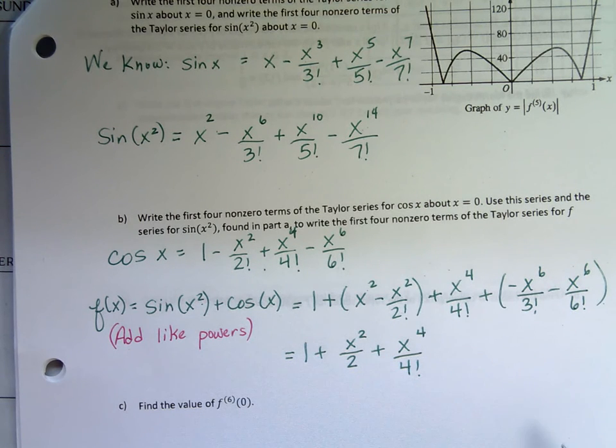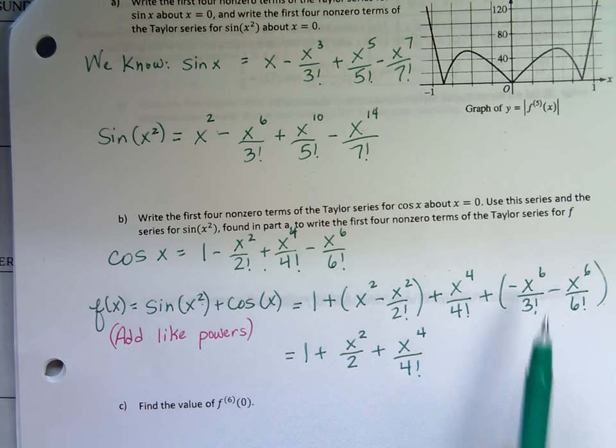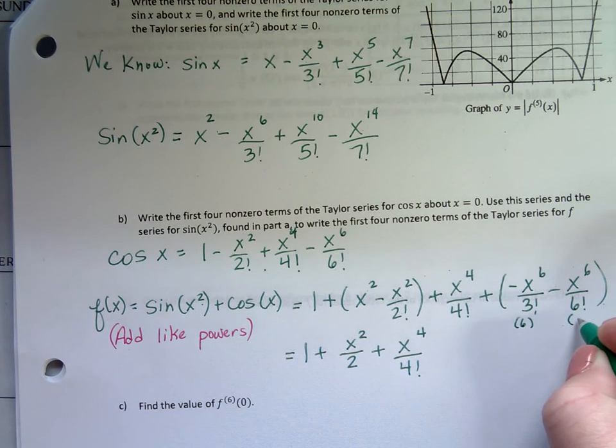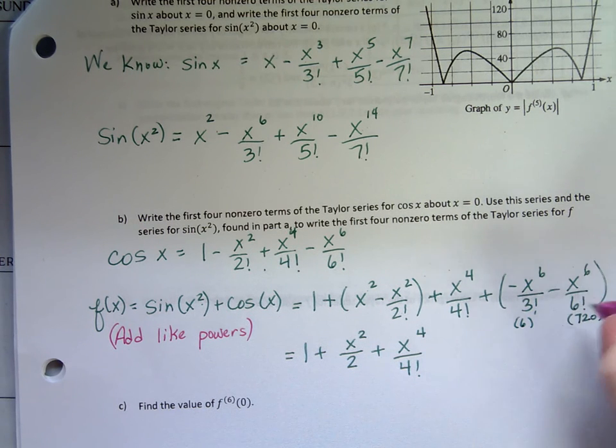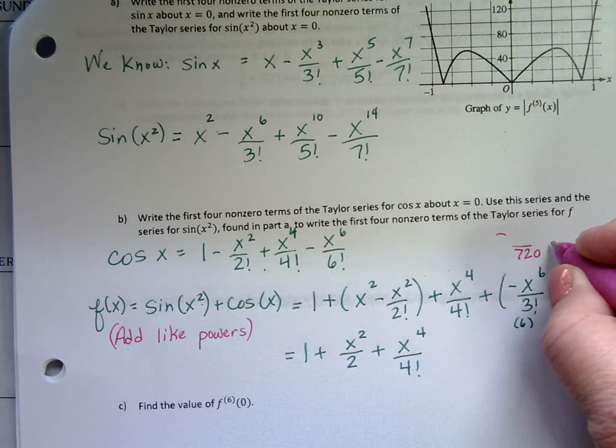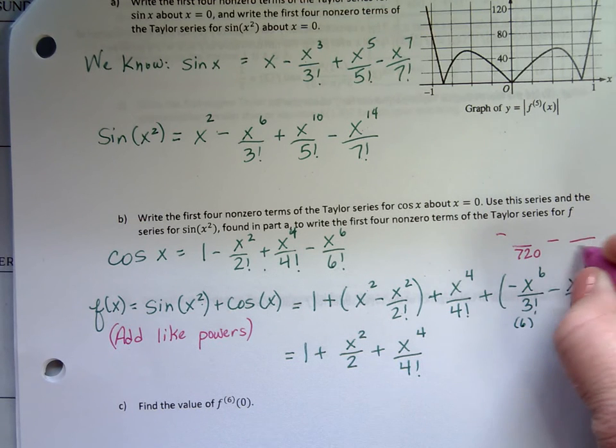And this last guy, he's a little bit of a humdinger there because I need like denominators. This is a denominator of 6. This is a denominator of 720. All right, so off to the side, what I'm going to do is come up with common denominators of 720. So this is a negative something over 720 minus something else over 720.